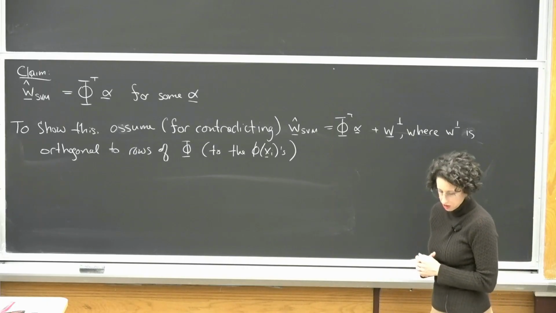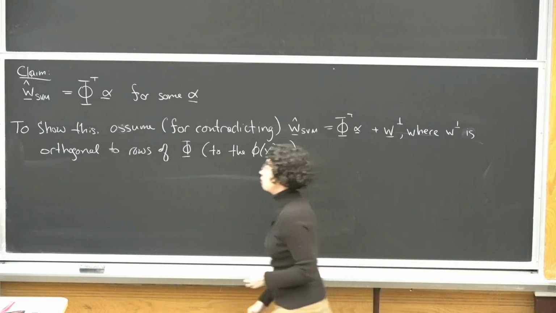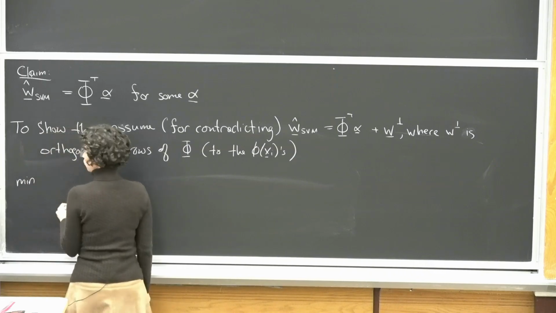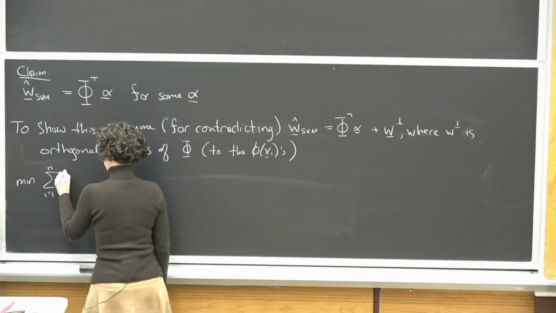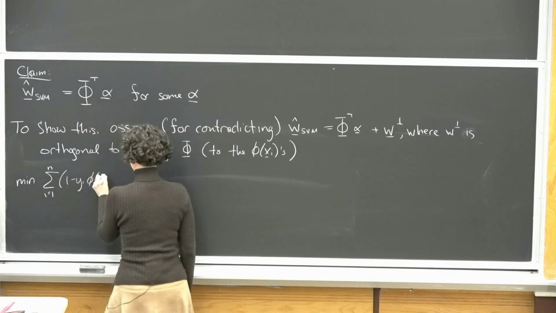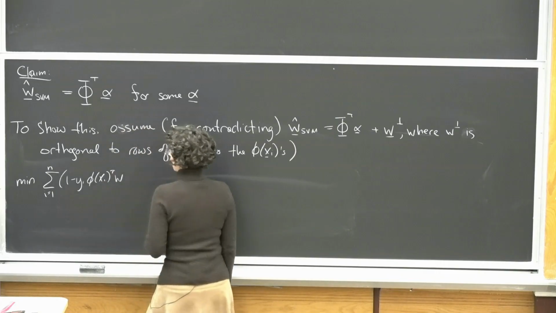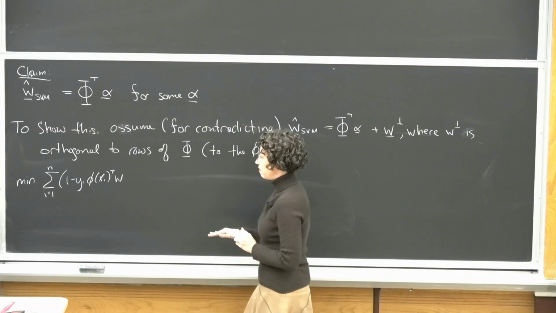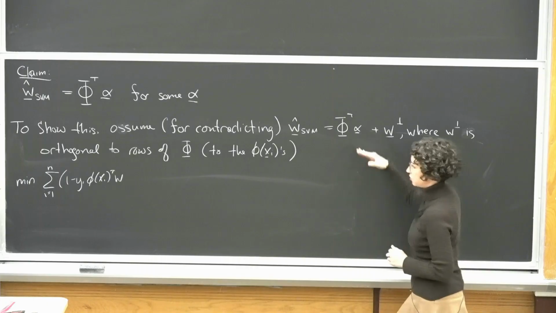Okay, so now if we think about our objective function for the SVM, what we're trying to do when we try to find the weight vector is minimize, again, the sum over i equals 1 to n of 1 minus yi phi of xi transpose times my weight vector. But now I'm going to replace this weight vector with this form that we're interested in.